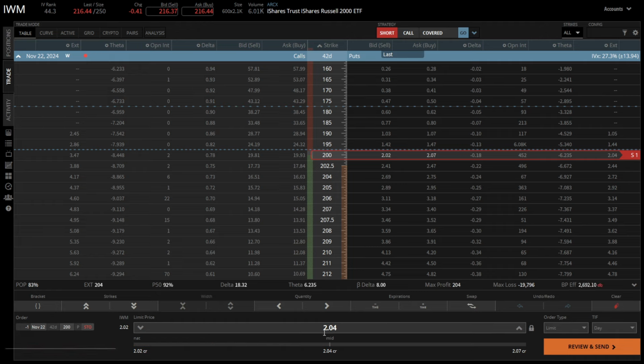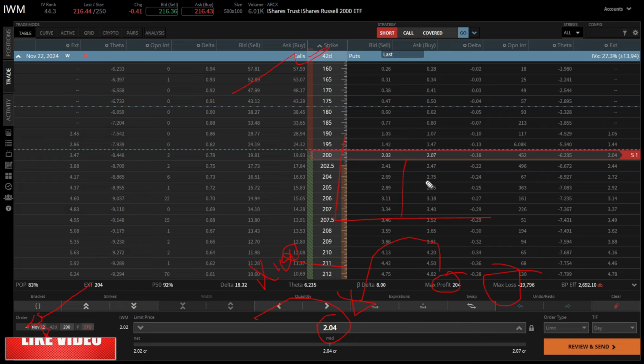Okay, what we're gonna do is we're gonna click here, sell. We're gonna click mid price. We always get filled at the mid price. We're gonna sell one contract to expire on 22nd of November, which is 42 DTE. Our maximum profit, of course, on an option sell is always equal to the premium multiplied by 100. Our maximum loss is if the stock goes to zero, which is our strike price minus our premium.